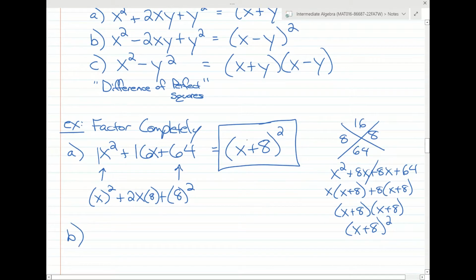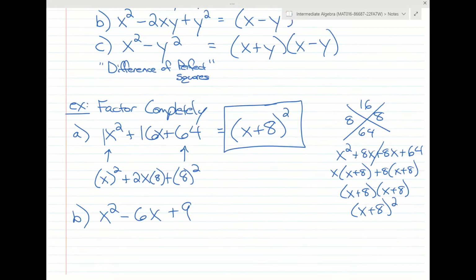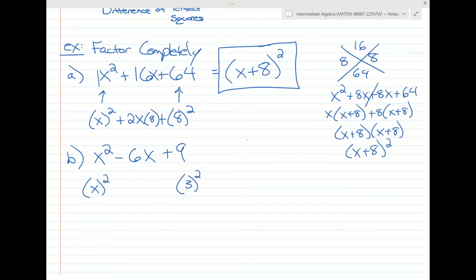What about if we had a problem like this? X squared minus 6x plus 9. There's no GCF. Can't do grouping because there are 3 terms. We could do trinomials, but one thing that I recognize is the first term is just x times itself. 9 is just 3 times itself.